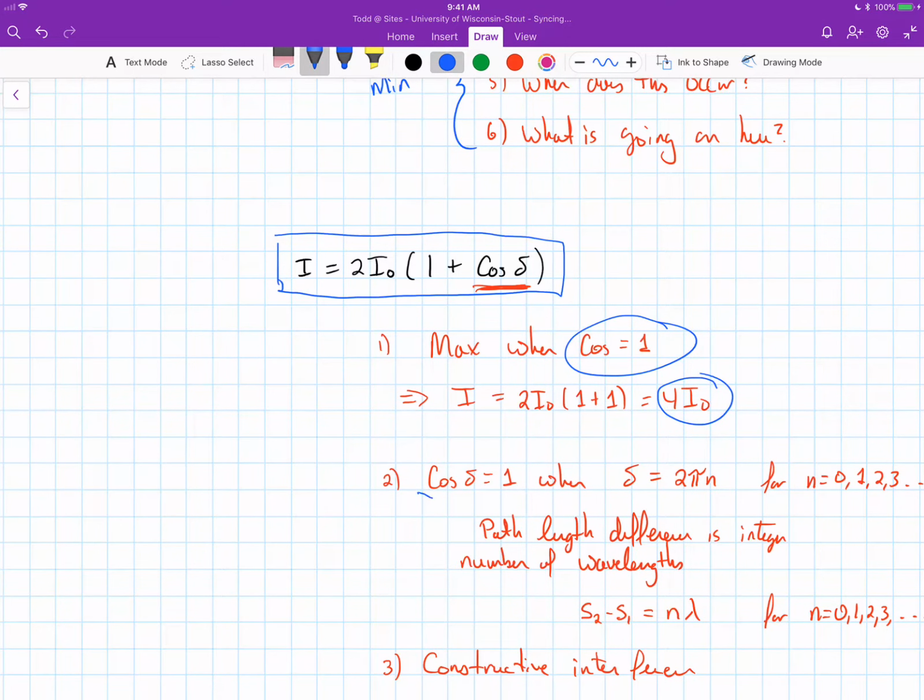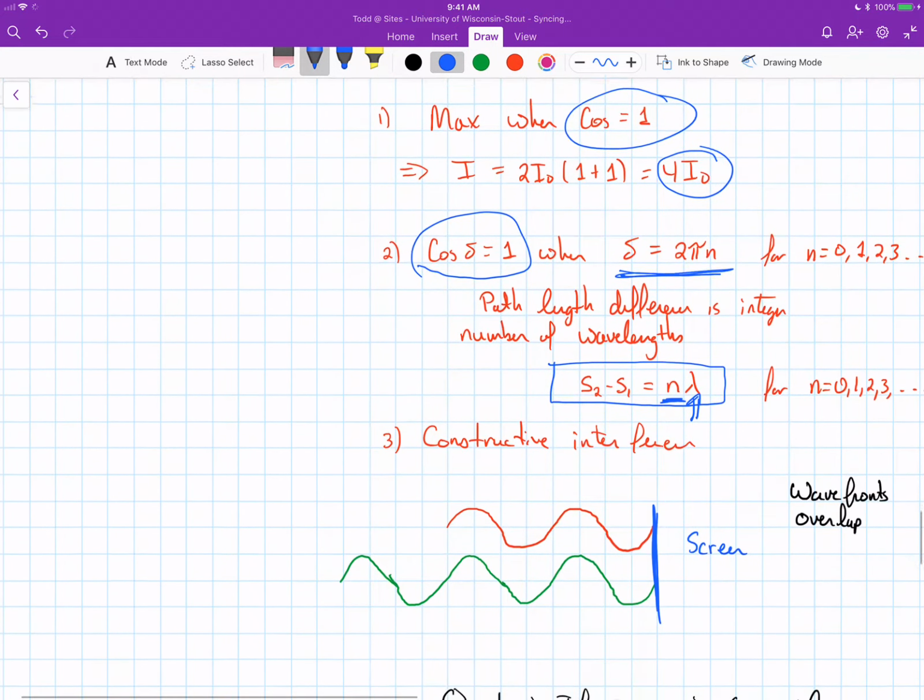Well, cosine of delta is 1 whenever delta is some integer number of 2 pi. Another way of looking at this is that when the path length difference is some integer number of wavelengths, then we will get a maximum irradiance. In other words, when that path length difference is some integer times lambda.